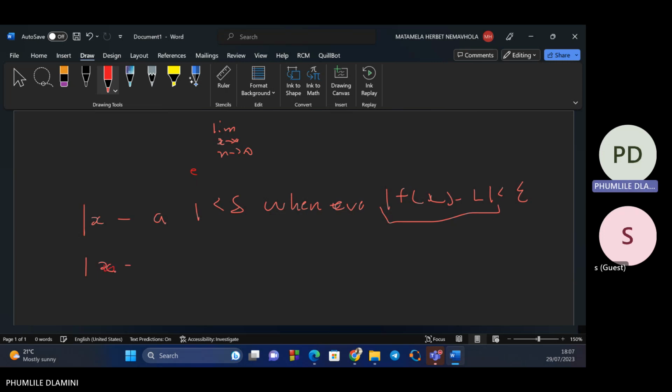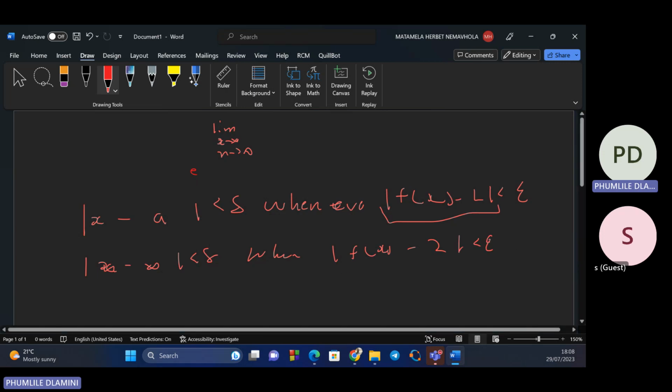So n approaches infinity of the absolute value of f of x, which is 4n squared minus 3n over 2n squared plus 4 minus 2, is less than epsilon. That is why we were trying to prove that this is exactly going to be epsilon.